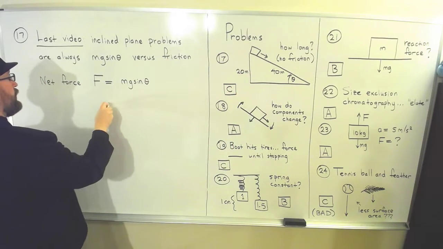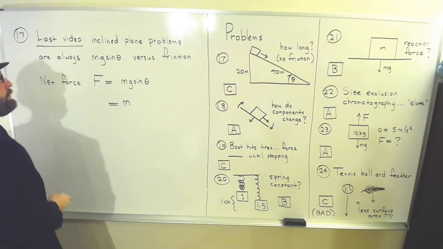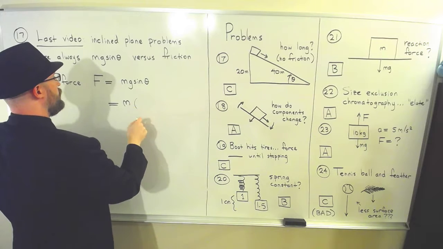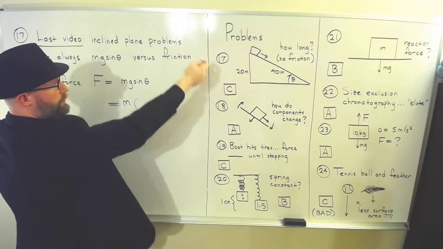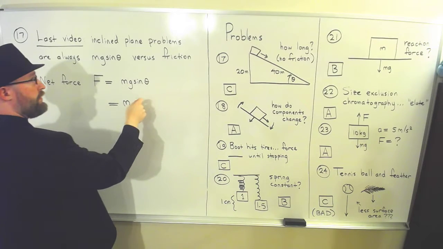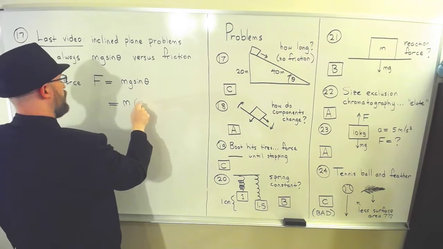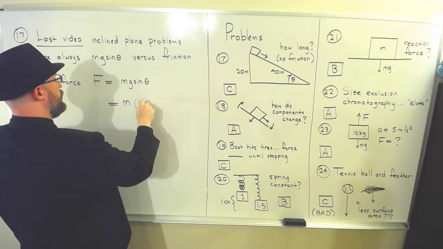So what this comes out to be is the mass, whatever that is, and it will turn out it doesn't matter. The g, I could write 10 or minus 10 depending on what I want to say is the positive direction. I'm going to just write 10, and I'll put in the units later.